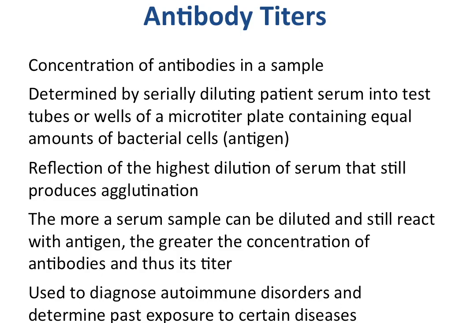If we make more dilution of the samples, however, the samples can still react with antigens, that means the titer of the antibody is high. That means the efficiency of the antibody is very high.